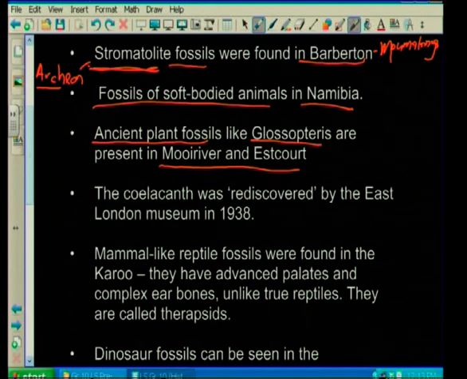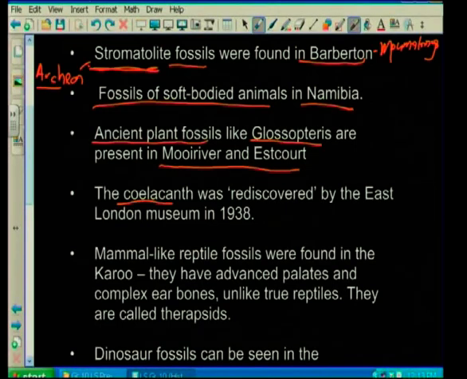You need to know that the Glossopteris are leaf-like plants which are ancient. We no more find the Glossopteris. The Glossopteris actually looked like some of the fern species, but they no longer exist. And they were found in Mooi River and in Escort, and it was an ancient plant species.